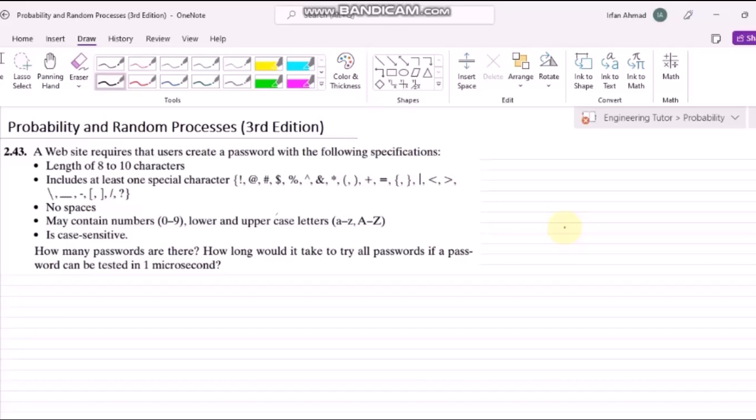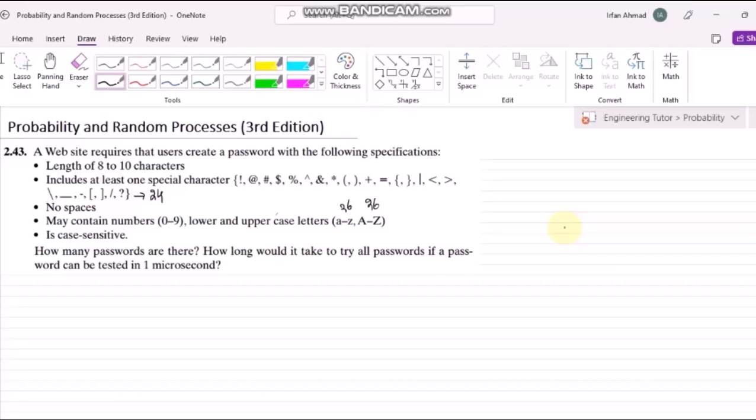These are basically the 24 characters, okay. Special characters are 24. No spaces, it shouldn't have any space in between any characters. It may also contain numbers from 0 to 9, lower and uppercase letters A to Z, which are basically 26, and separately 26 here because this is case sensitive, okay.